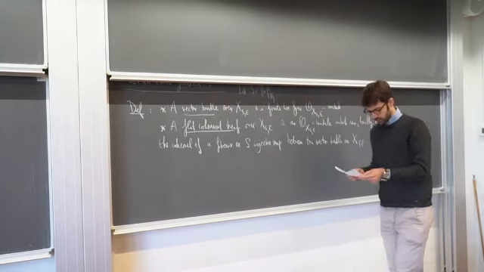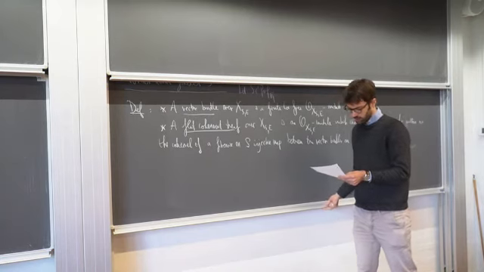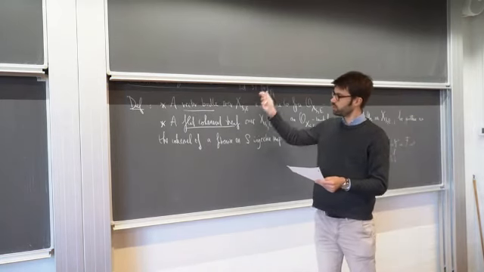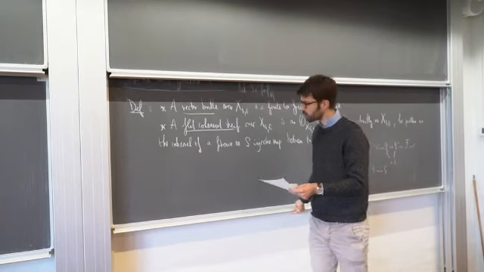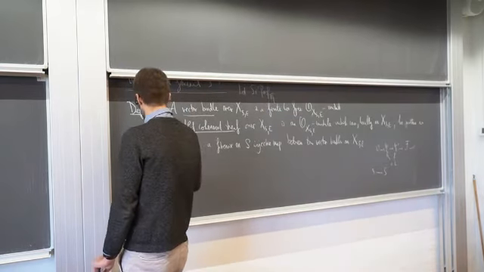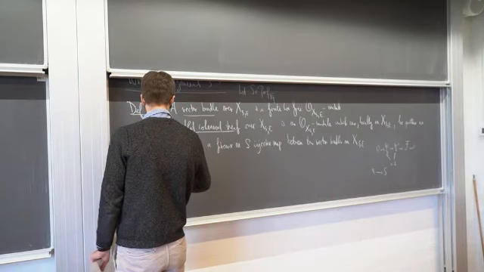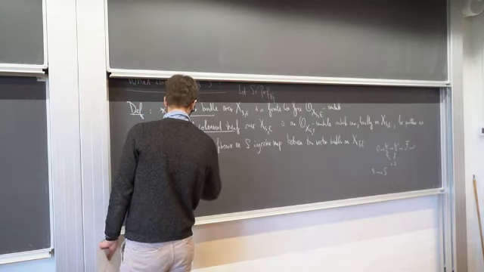I won't really use this notion today very seriously, but it will be useful next time. And some examples: well, of course, any vector bundle is a flat coherent sheaf.